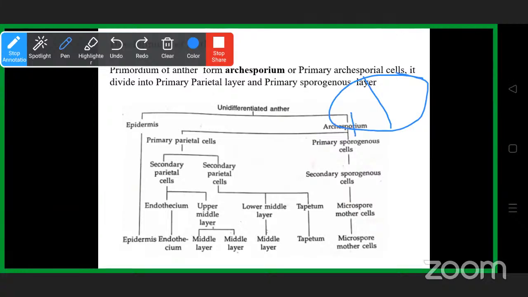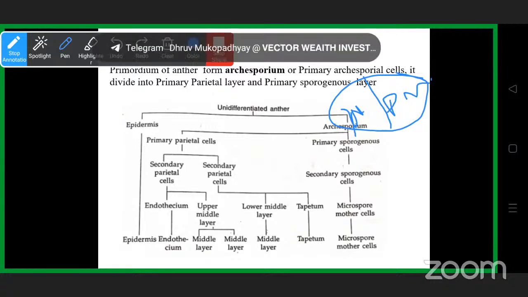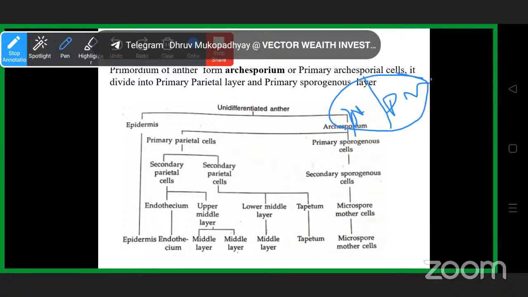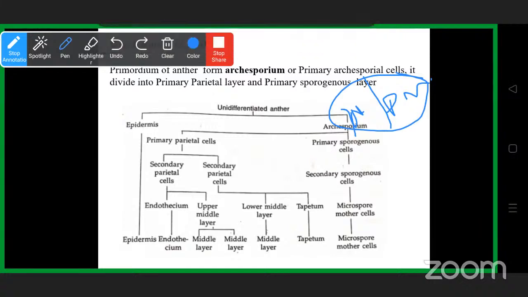Primary parietal cell divides into two and again the two divide.